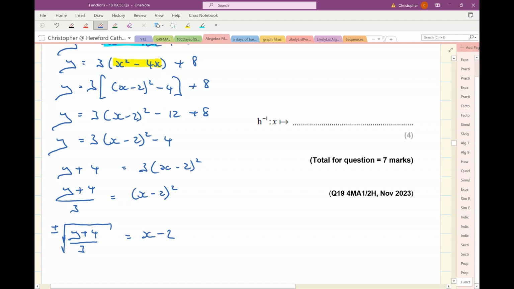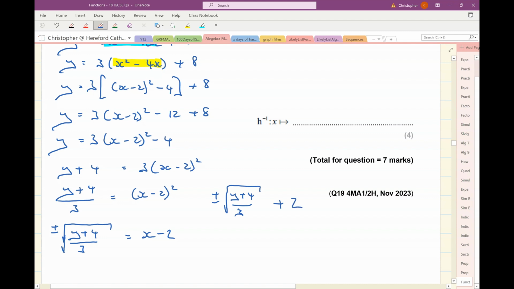Now I'm going to add 2 to both sides. It took me quite a long time to understand this, but it's quite straightforward. Let me show you. When you add 2 to both sides, I would always be very tempted on the left to write plus or minus, and then the square root of y plus 4 over 3, and then write plus 2.